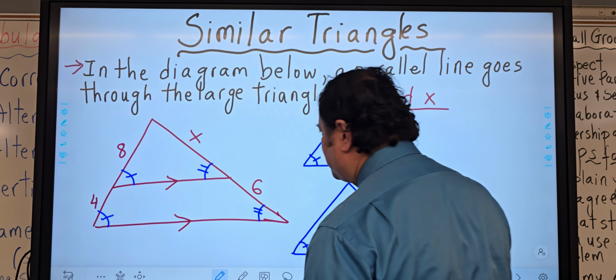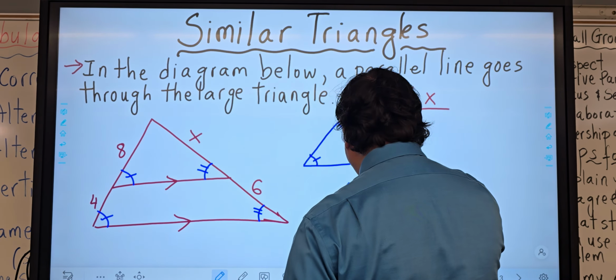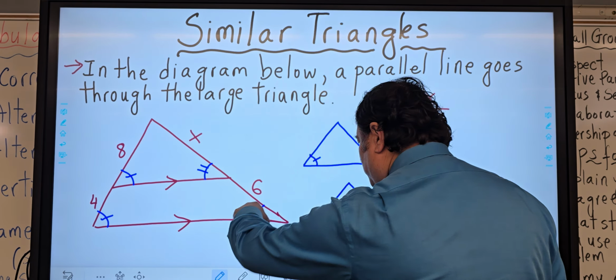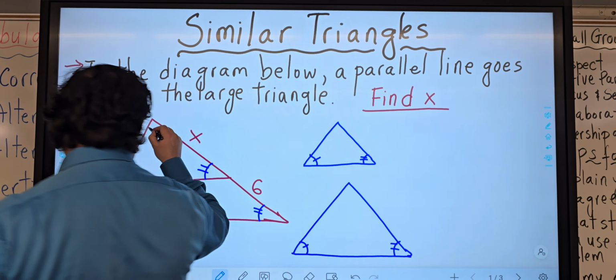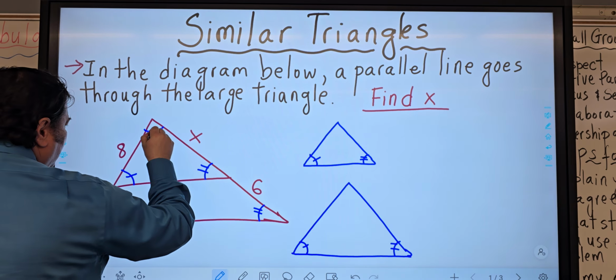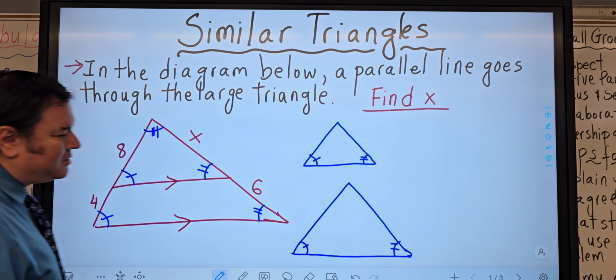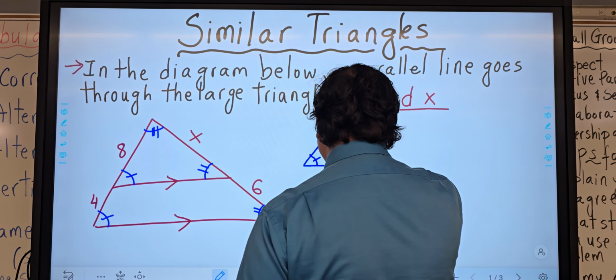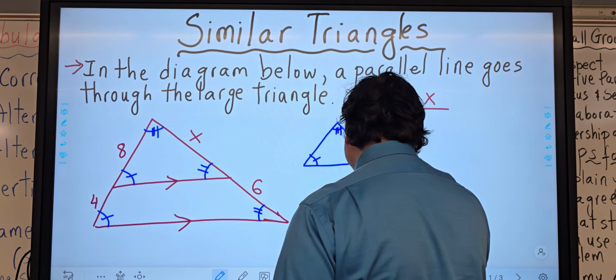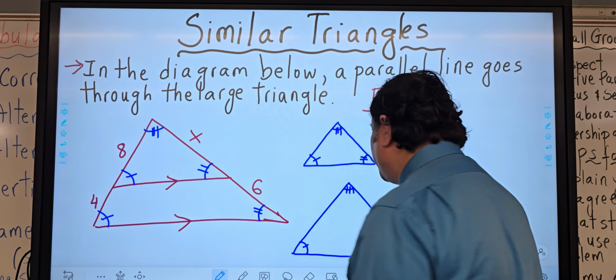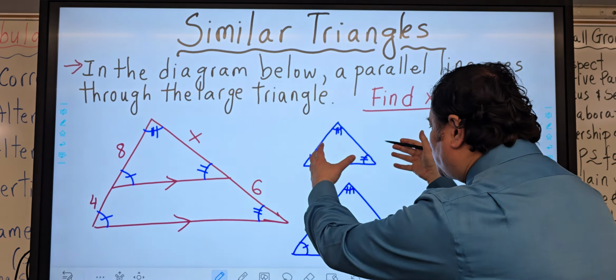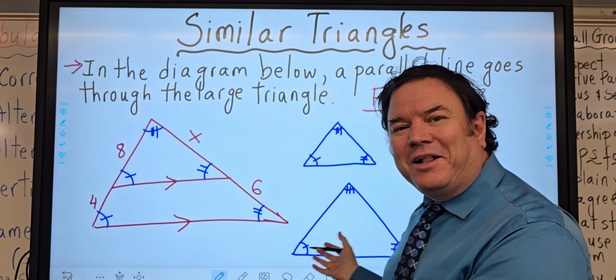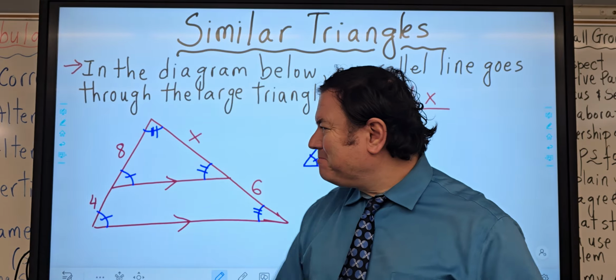This angle over here is congruent with this angle over there. And finally, the top angle belongs to both triangles, so it is congruent to itself. So we can say that the little triangle and the bigger triangle are similar.